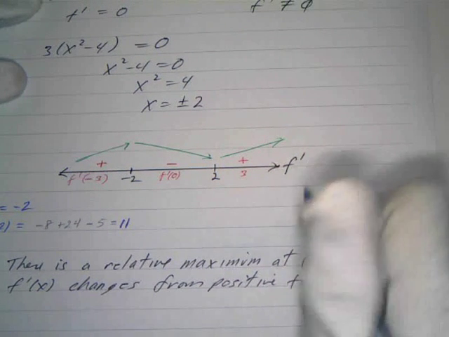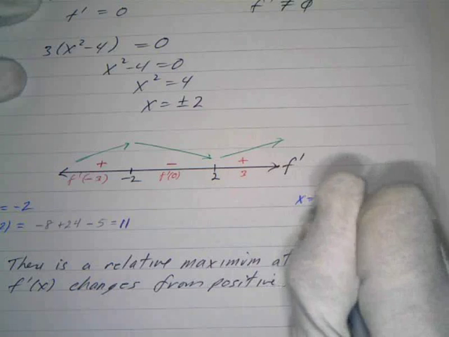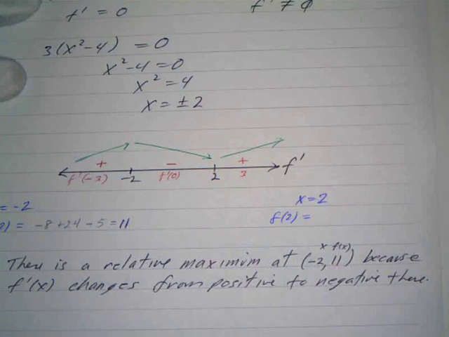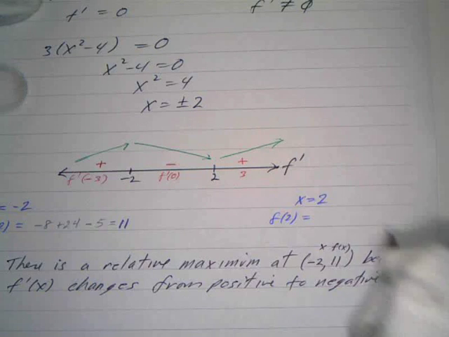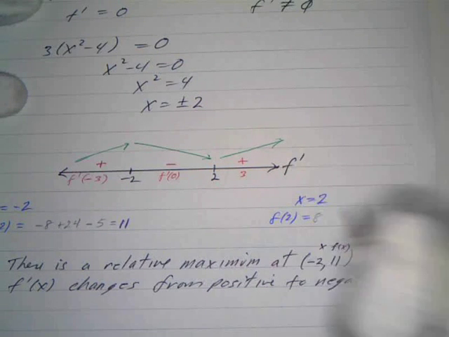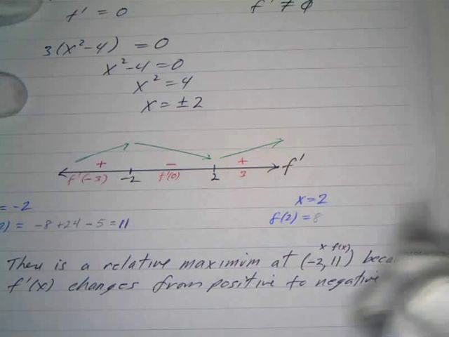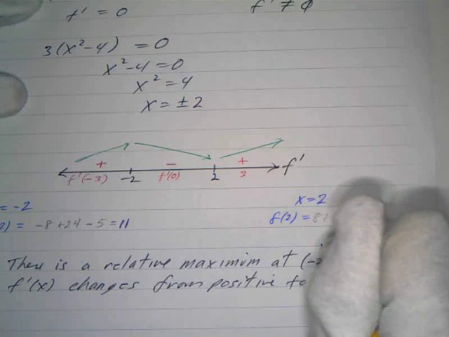So when x equals 2, what's f of x or f of 2 equal? And then I've got to put 2 in here. So 2 cubed is 8. And then -2 times -12 is positive.